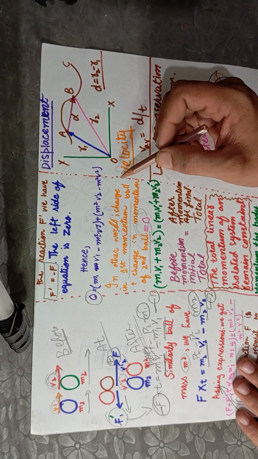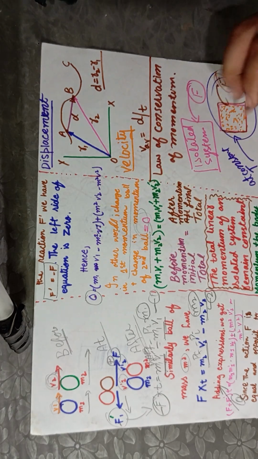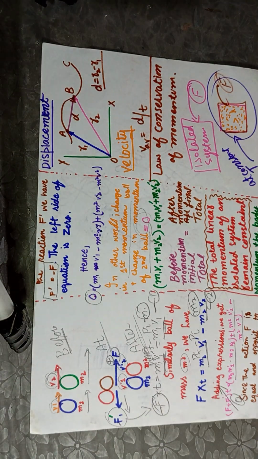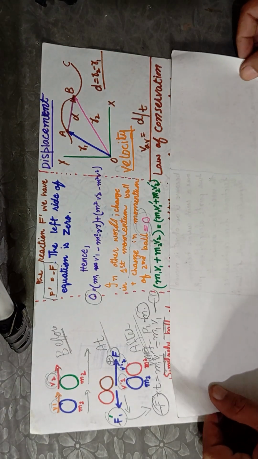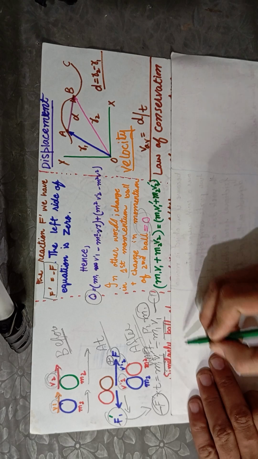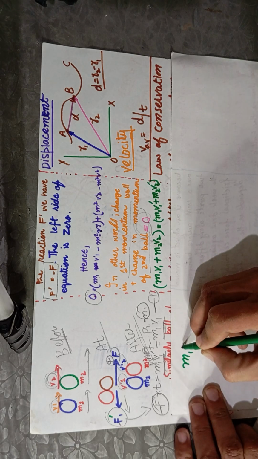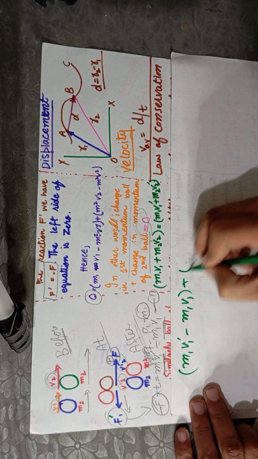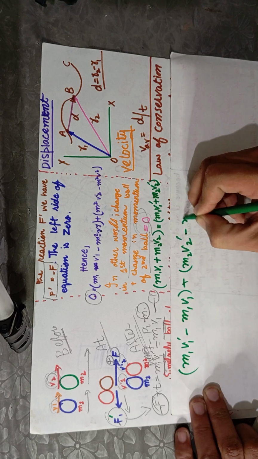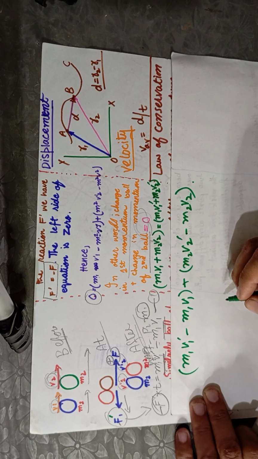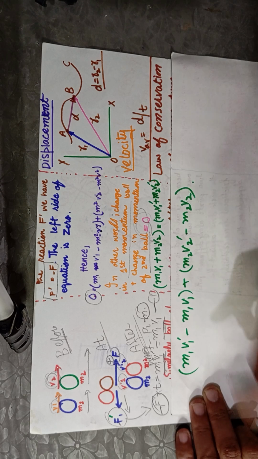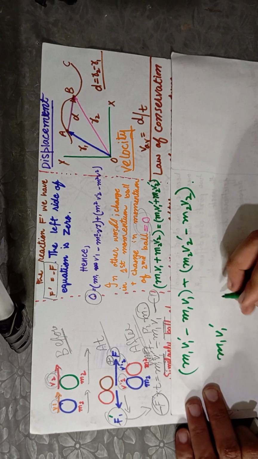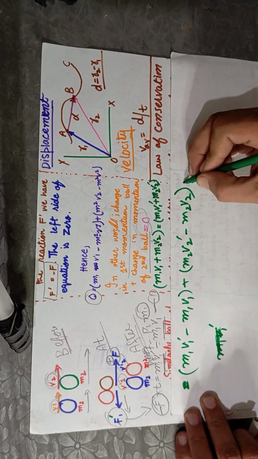Now in this equation, m1 v1 dash minus m1 v1 plus m2 v2 dash minus m2 v2 is equal to 0.